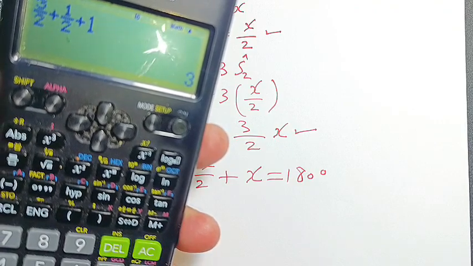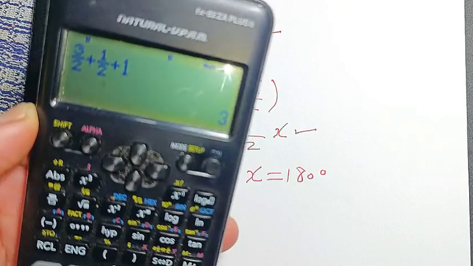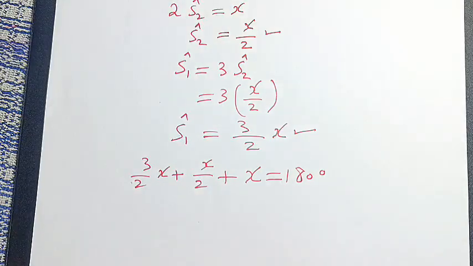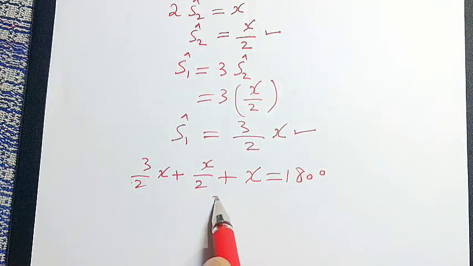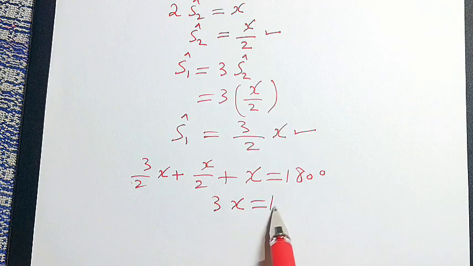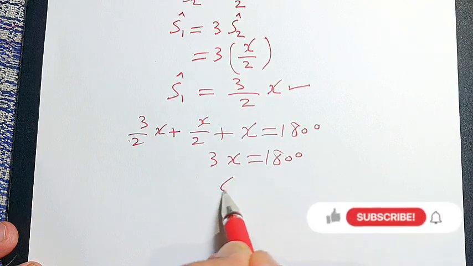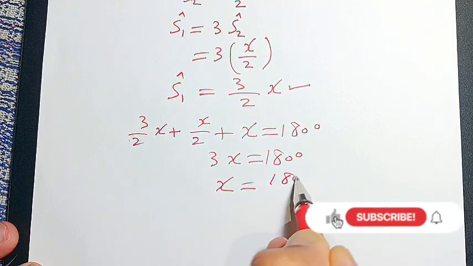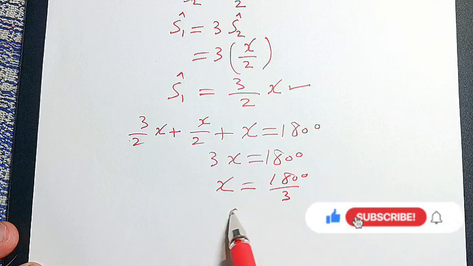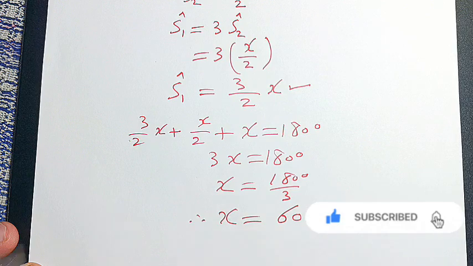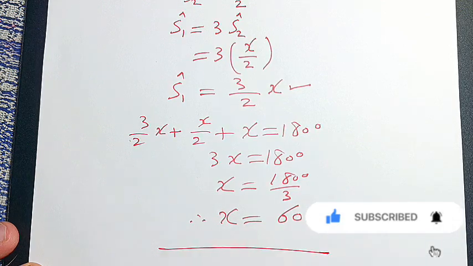The answer is going to be 3. So it's going to be 3x is equal to 180 degrees. I simplify. Dividing both sides by 3, the answer is going to be 180 degrees over 3, x is going to be equal to 60 degrees. Therefore this is my final answer, x is equal to 60 degrees.